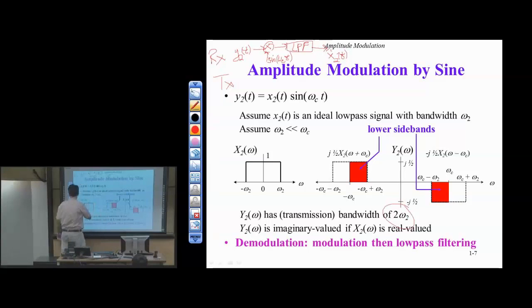Trying to get my hat in here for the estimate. Okay, so here's x2. Again, we get an estimate of x2 at the receiver's output.